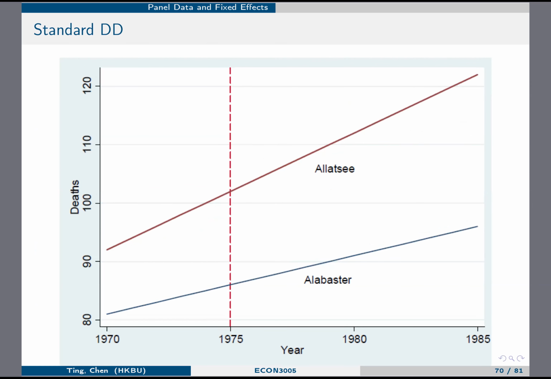In the case where both the control group in the blue line and the treatment group in the red line have a different time trend, then think about that. After the treatment, again we apply treatment to the second case, maybe here we can draw it.